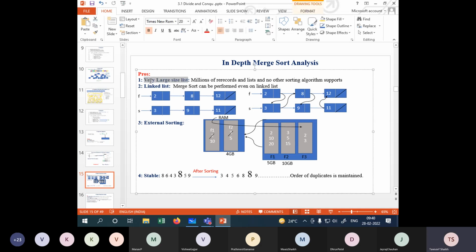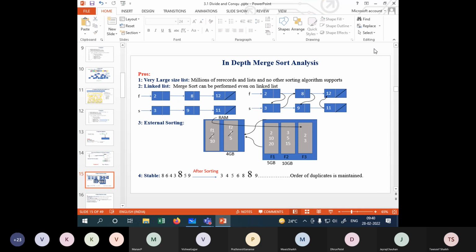So merge sort is the suitable algorithm for sorting a large number of elements. If we have millions of records or millions of data items, and you have been asked to sort this data in a particular pattern, merge sort is the best sorting algorithm among all.